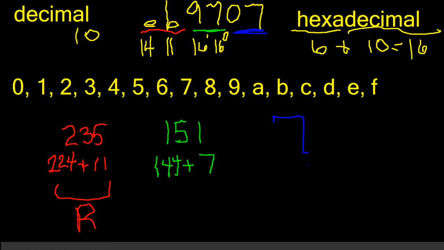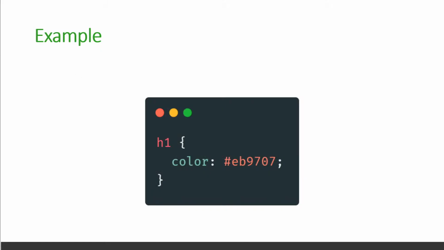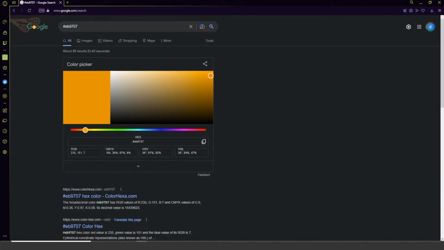Or a greenish orange, kind of a browny color. It's kind of a rough looking color here. We can pull it up and bring it over. Hashtag EB9707. It's this sort of brownish orange.